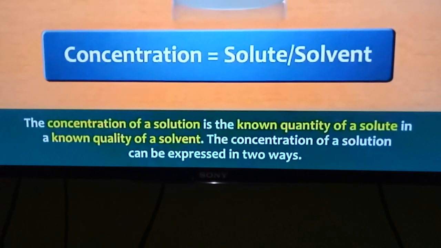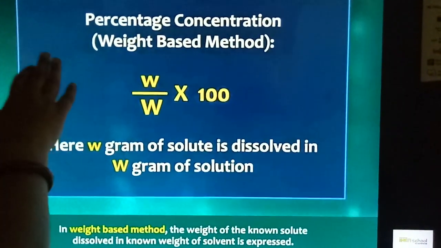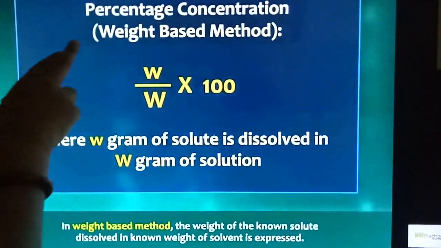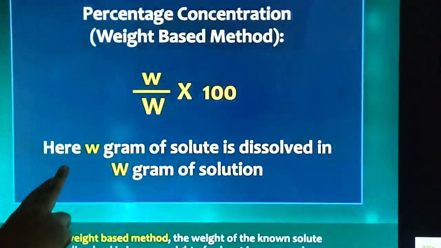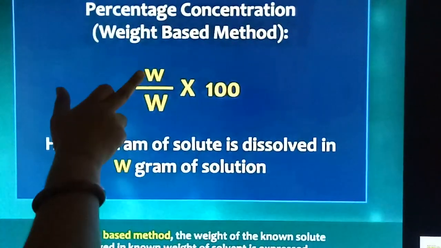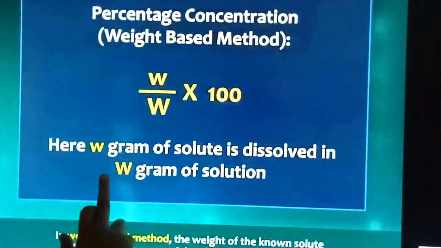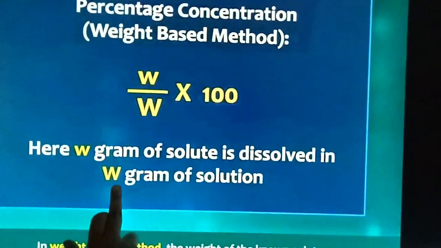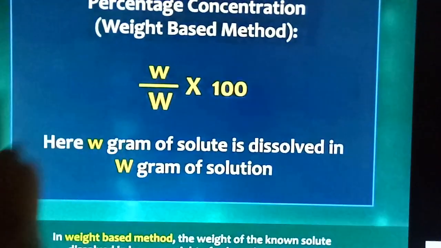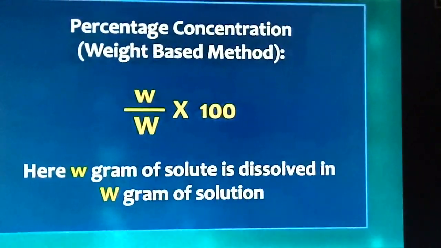Let us see the formula. Percentage concentration, that is the weight based method. Here small w means grams of solute, which is dissolved in capital W, which means grams of solution. So amount of solute by total amount of the solution into 100.